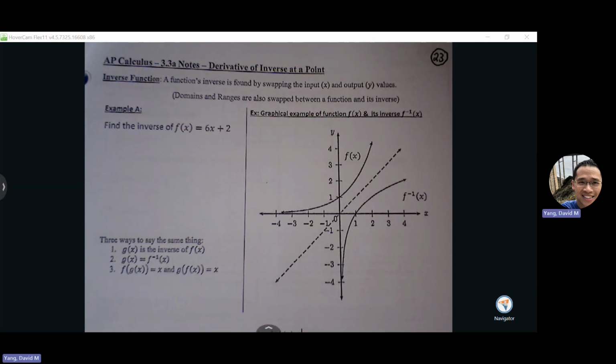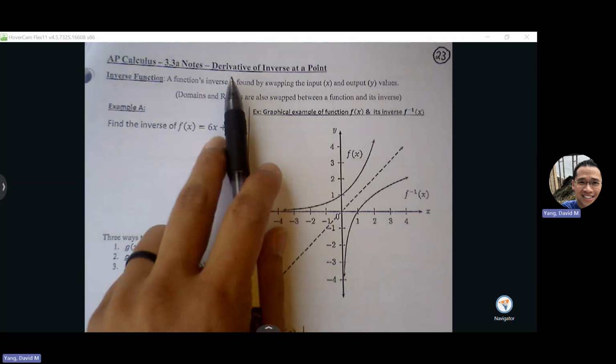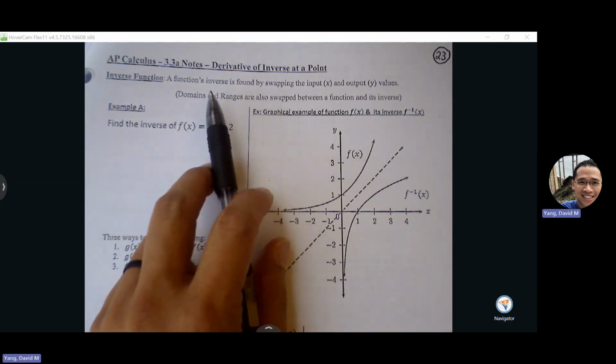All right, so today's topic is derivative of an inverse at a point.